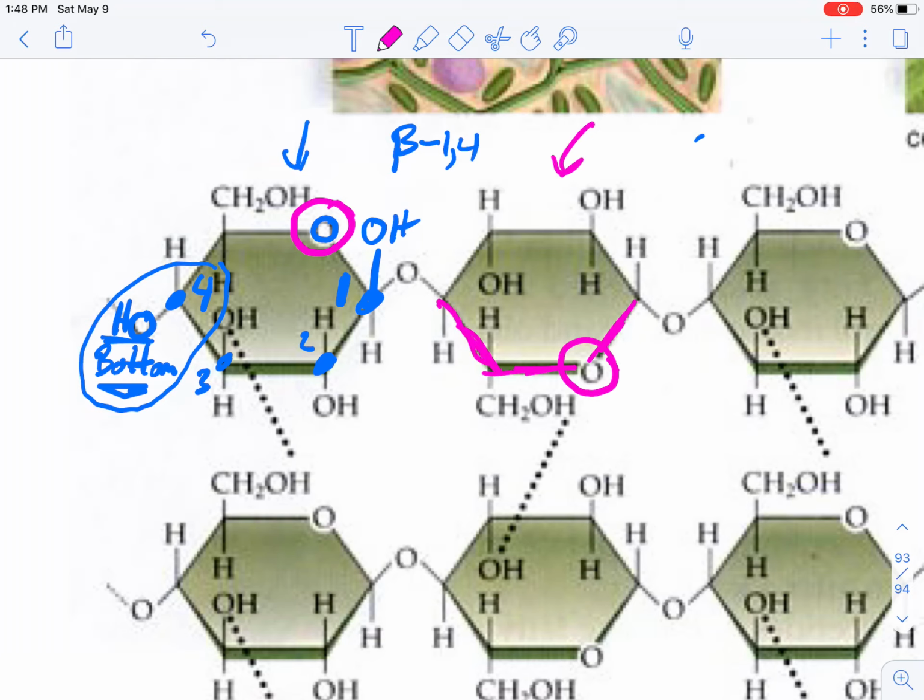If you're going from back to front, that means you flipped the molecule. So carbon number 4 here, by flipping it, will have a hydroxyl group that's now parallel to the hydroxyl group on this anomeric carbon. Once your hydroxyl groups are aligned, a dehydration reaction can occur, and that dehydration reaction will form a glycosidic bond such that it's pointing up.